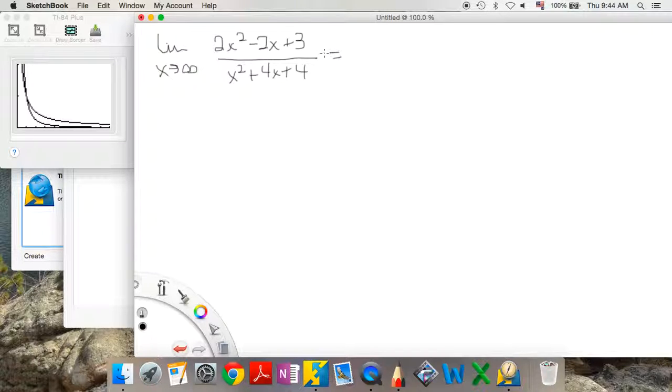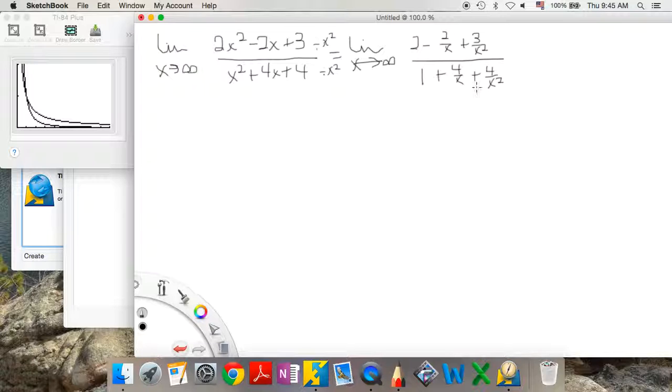Now this one, if we divide by x squared on both of them, whatever this biggest one is, we get the limit as x goes to infinity of 2 minus 2 over x plus 3 over x squared over 1 plus 4 over x plus 4 over x squared.